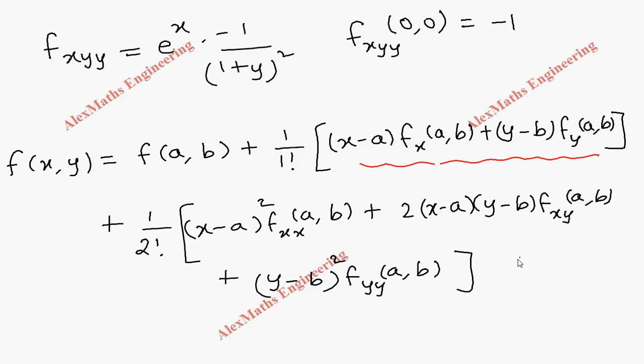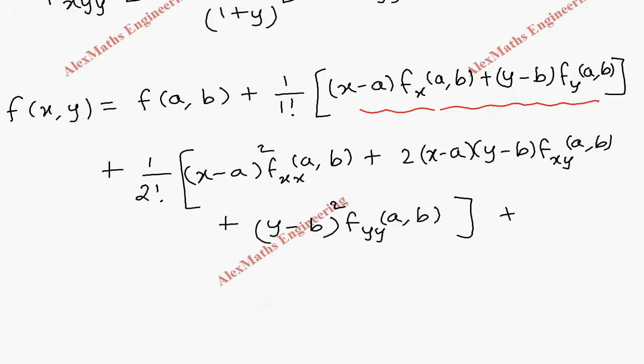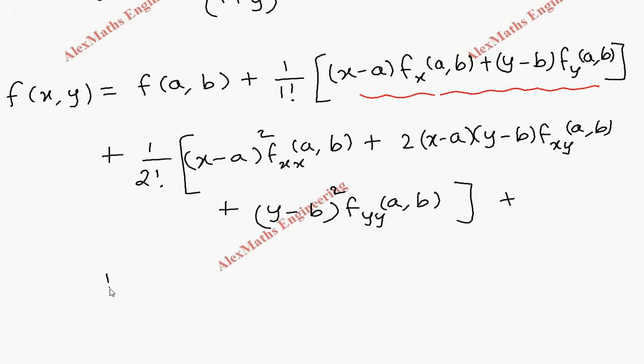In the same way, we can write a plus b whole cube form for the next term, that is 1 by 3 factorial a cube.